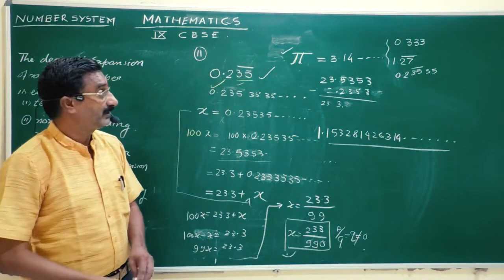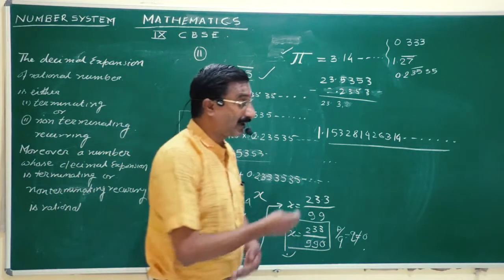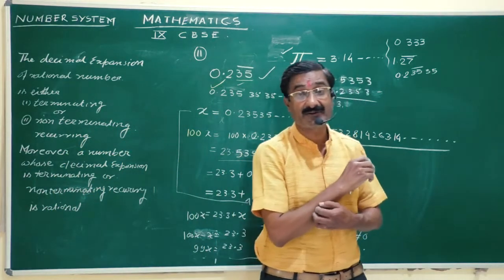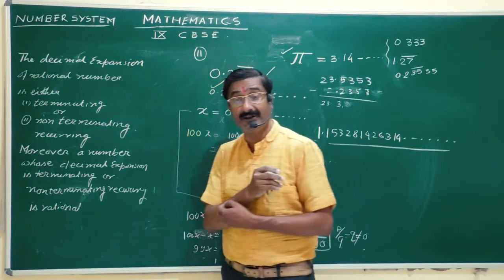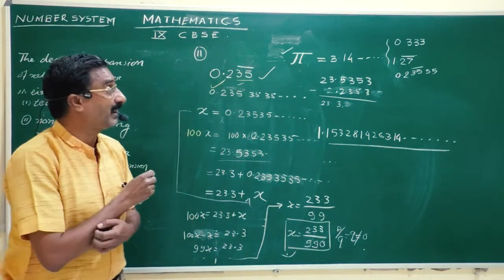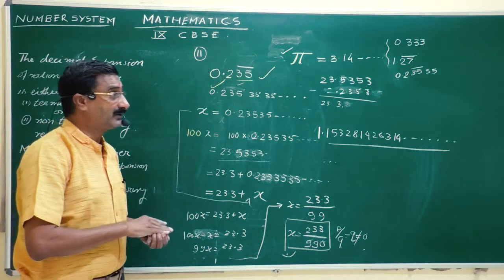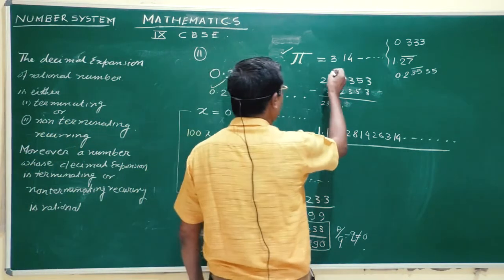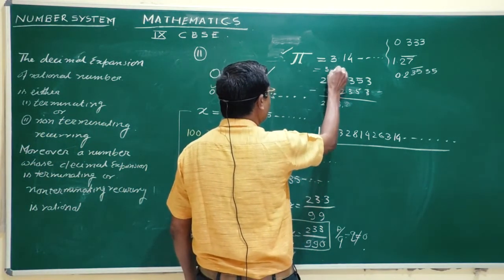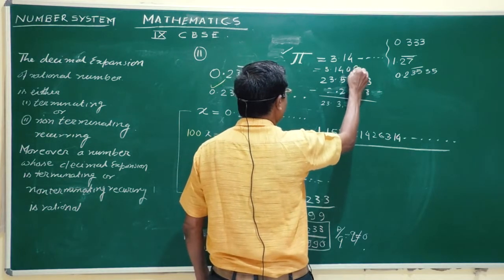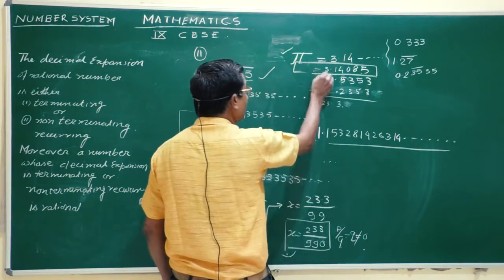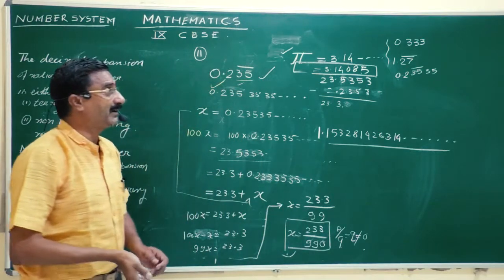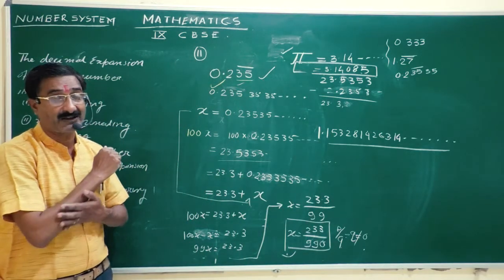Clear? So in the beginning, Archimedes, you know the name of the scientist? He is a big mathematician also. He found the value of pi up to 5 digits. I am not writing the exact one, but as I am remembering, 3.14085. At the beginning, Archimedes mentioned that the value of pi is 3.14085.